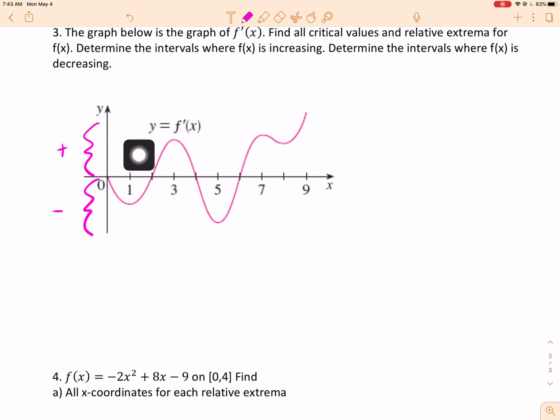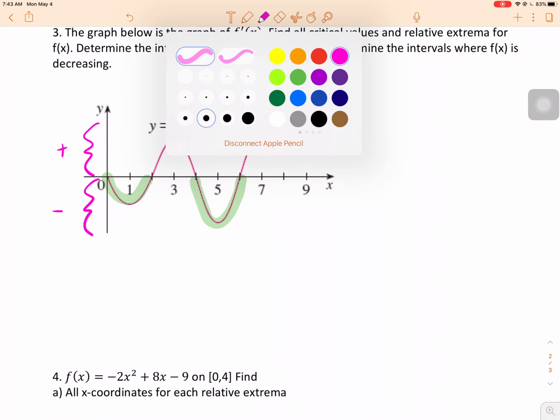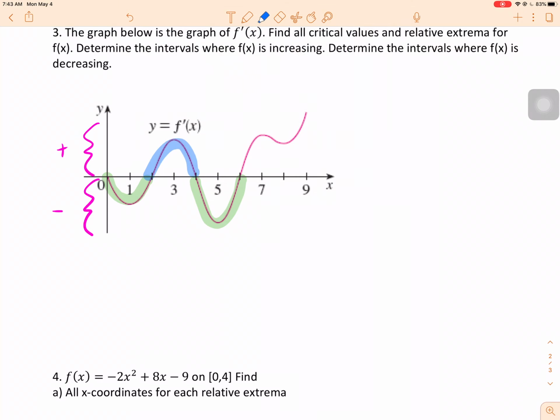When the derivative is positive, it means it's increasing over that interval. When it's negative, it means it's decreasing. So let's highlight all the regions where it's negative. And now we'll highlight all the regions where it's positive. So let's make our first derivative test.